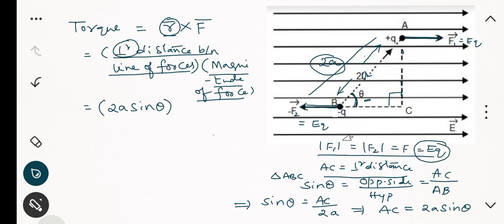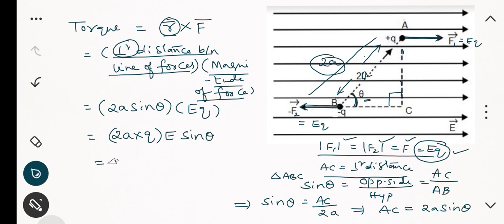Here F1 and F2 are equal, the magnitude of the two forces being E into Q. So we can substitute E into Q. By rearranging the terms we get 2a into Q into E into sin theta.